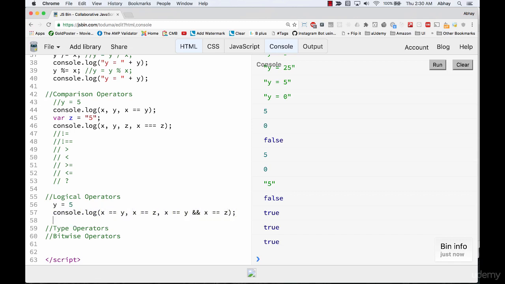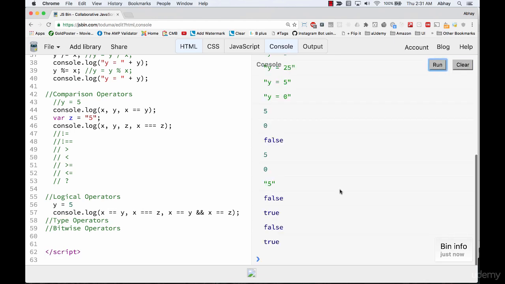If I want to change this and make one of them as a false, let's say I make this z as a false statement. Now the answer would be true, false, false. Oh, I did not put another equals here.